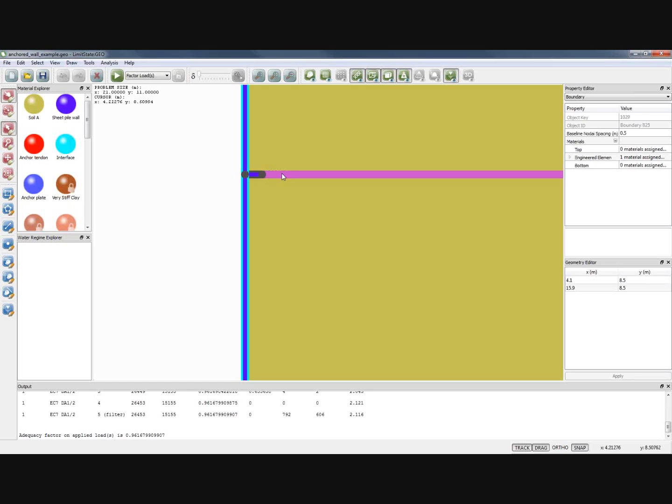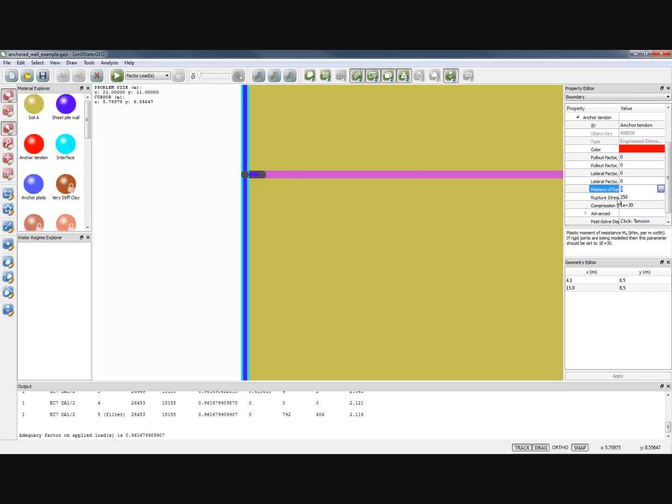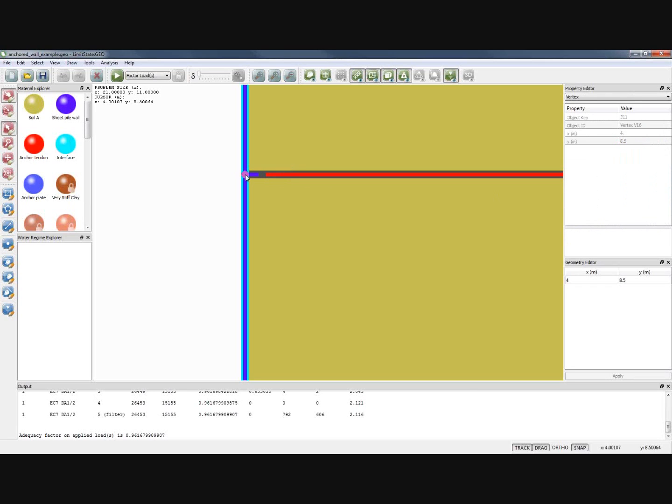So if I join this 0 strength or low strength tendon, so I normally give that tendon a low bending strength, I should have pointed that out, we have a low moment of resistance. If I joined that straight to the wall, it would actually introduce at that point a hinge of 0 strength, and the wall would just fail at that.